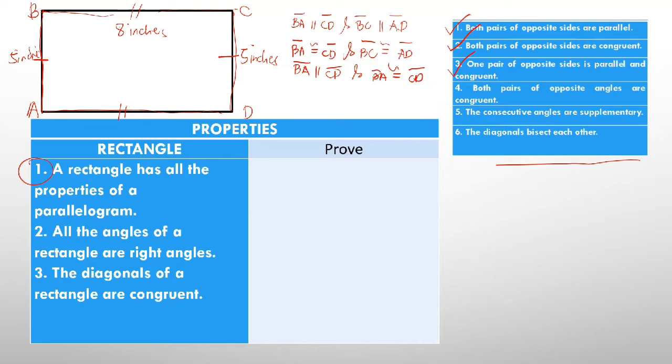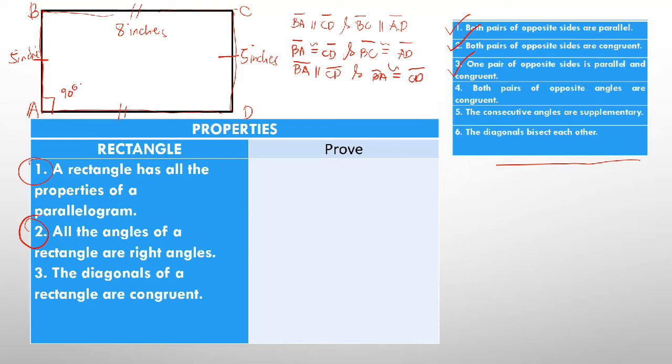Both pairs of opposite angles are congruent. So before we proceed with our number 4 in parallelogram, let's have the second property of rectangle. In the properties of rectangle, all the angles of a rectangle are right angles. So that means angle A is equal to 90 degrees since it is a right angle.